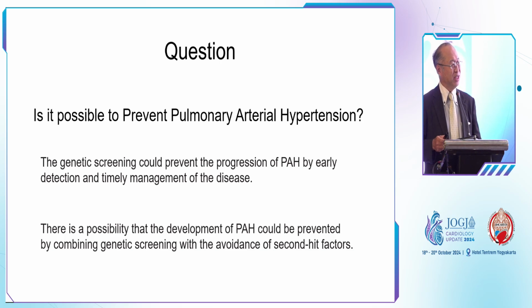I know that's not the case in this country, but our common sense is ASD is okay. However, if one has a genetic mutation and ASD, then there is a high possibility to develop pulmonary arterial hypertension. So in that case, early repair would be very beneficial for him or her.